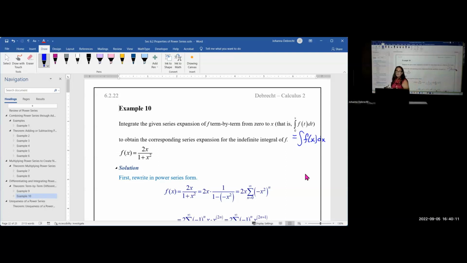Now, why do we have to do this? Well, because we don't want to deal with that constant of integration. You're going to see how using this other definition lets us get around that constant of integration. So we want to get the corresponding series expansion for the indefinite integral of f. What we're basically doing is starting with a function and we want to integrate it. This is what it looks like in function form, but we need to represent it in power series form because we want to be able to do this with a power series. Why?